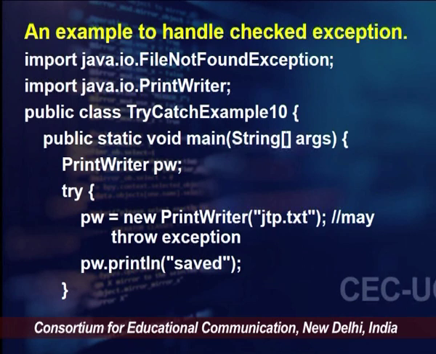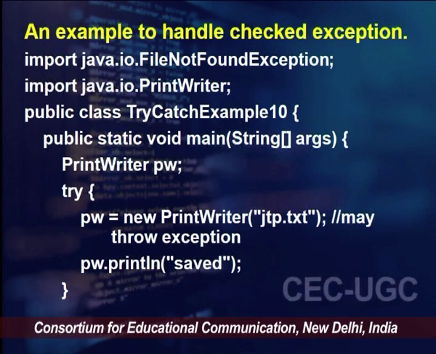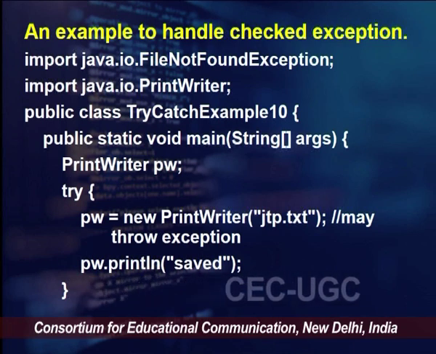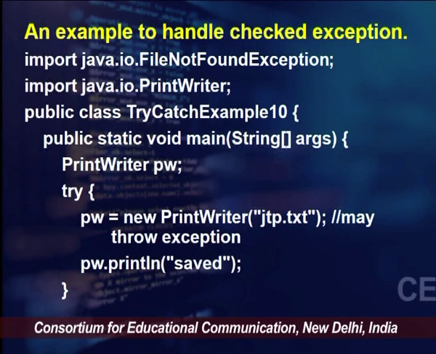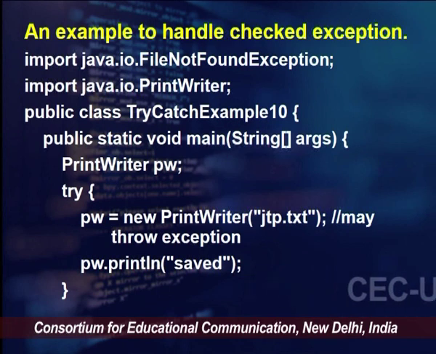Within the main function, public static void main, we have a reference variable pw of this PrintWriter, and within this try block, the code which may throw an exception is pw equals new PrintWriter, and some text file path is given inside this. That code may throw an exception, and then we can write a line using this PrintWriter class and the corresponding reference variable.